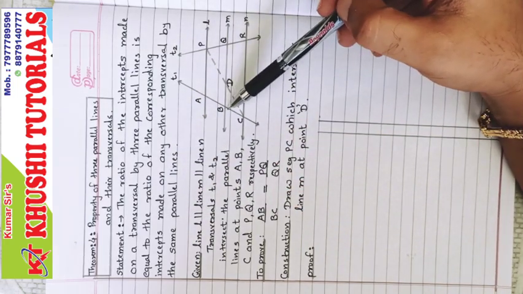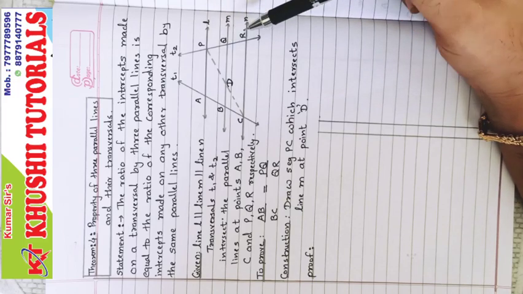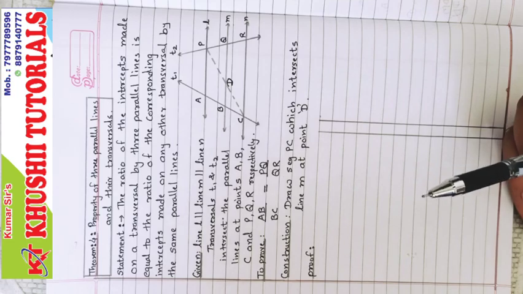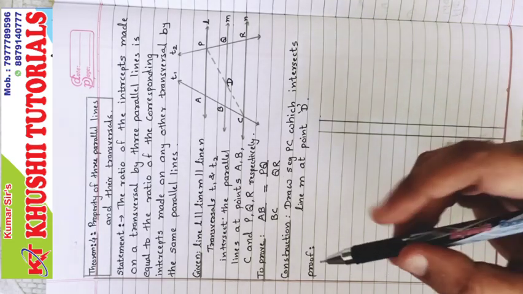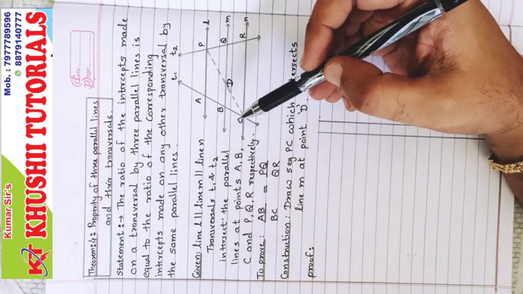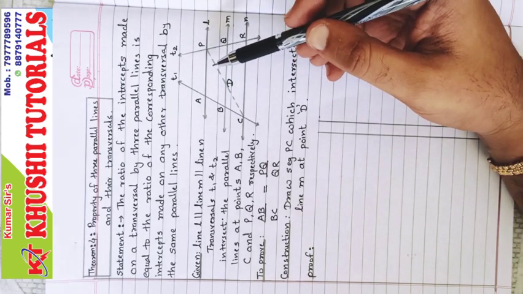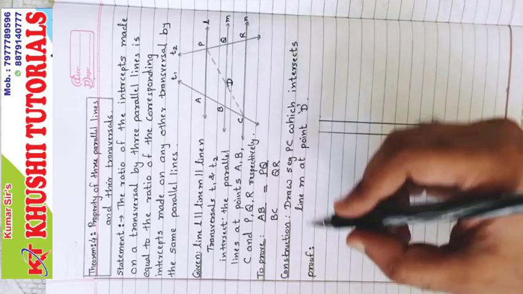That is AB upon BC equal to PQ upon QR. We need to prove this. We have already done the understanding, so we will directly start with the proof. First we have to write in triangle ACP.